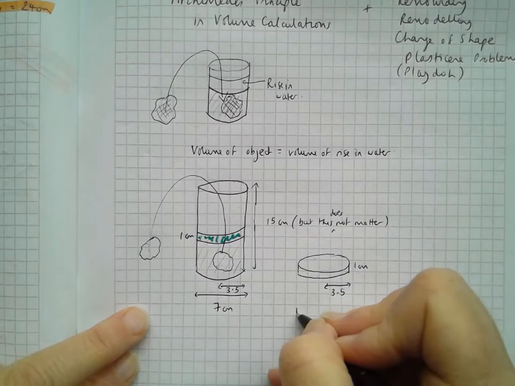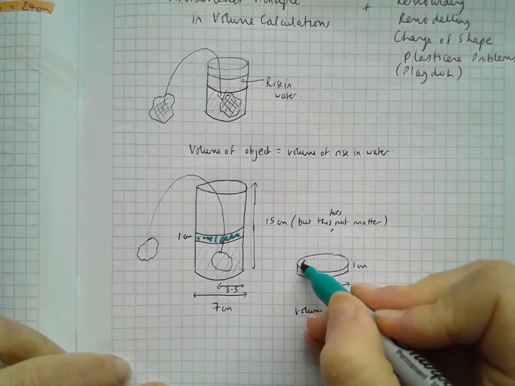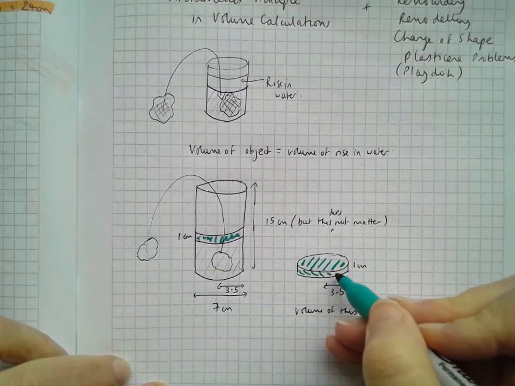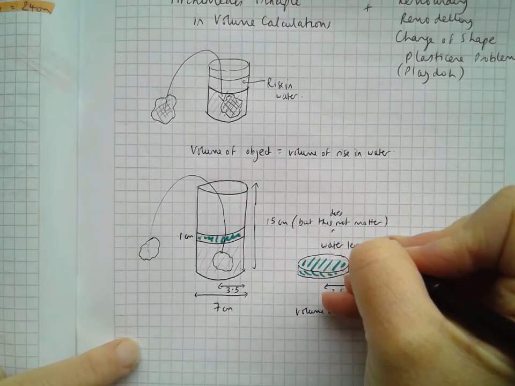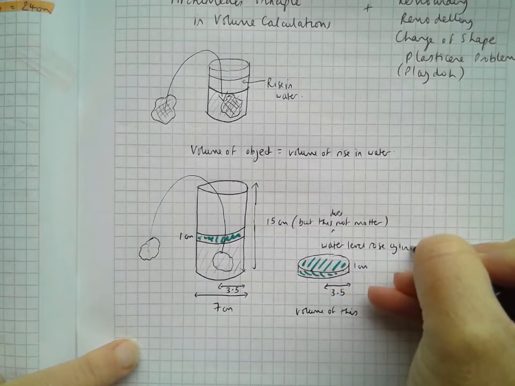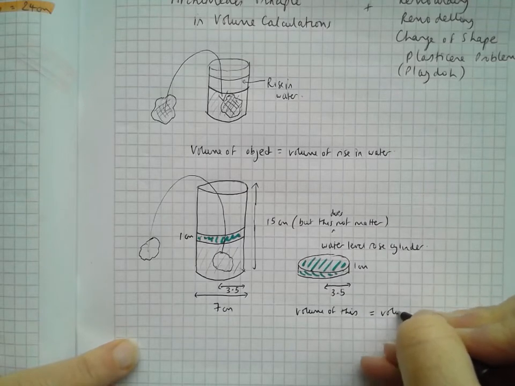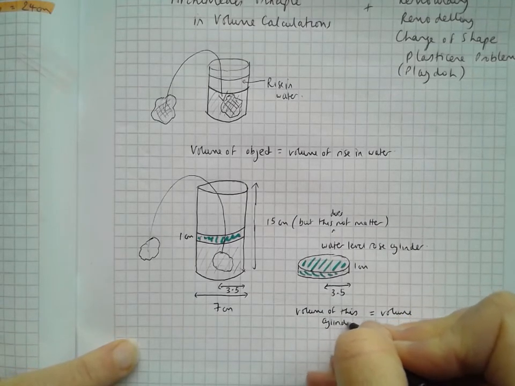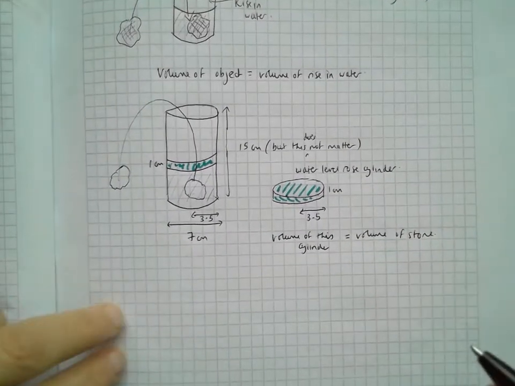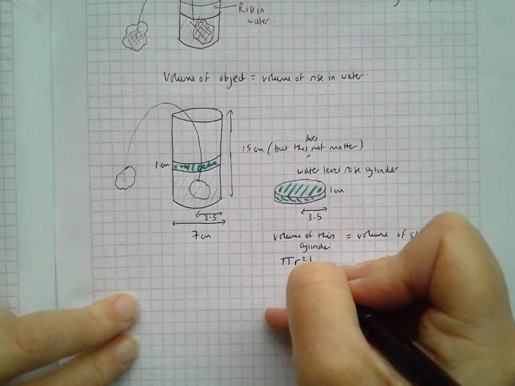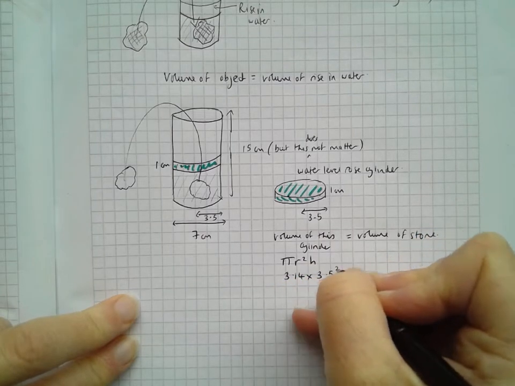The volume of that cylinder, kind of an imaginary cylinder, the cylinder in your thinking, the water-level-rose cylinder, is equal to the volume of the stone. So if I can find the volume of the cylinder, which I can, because it's pi r squared h, which is 3.14 by 3.5 squared by 1 centimeter.